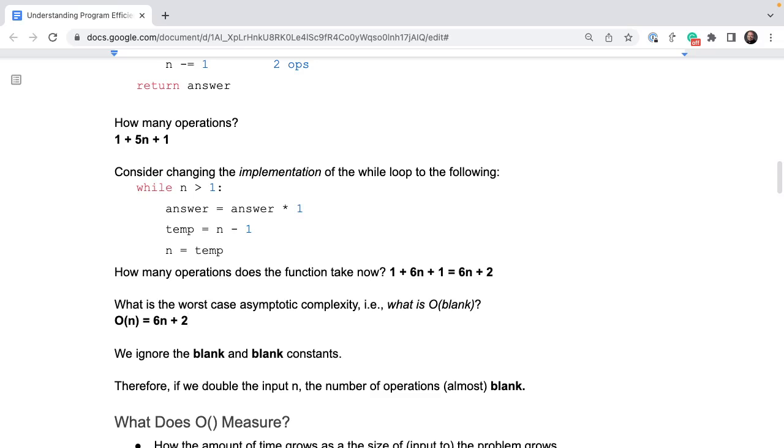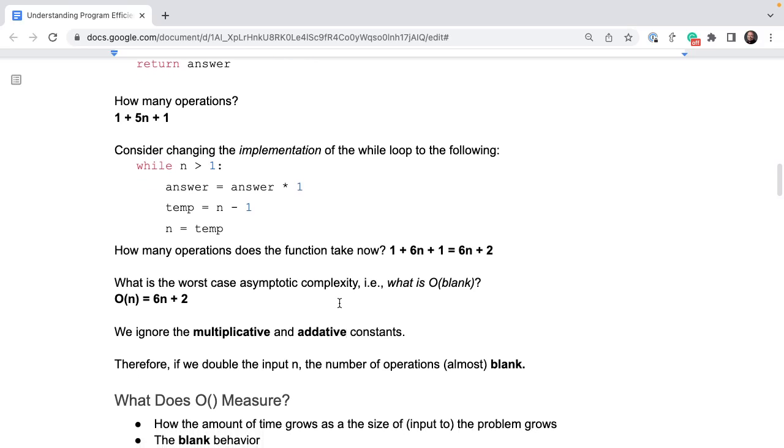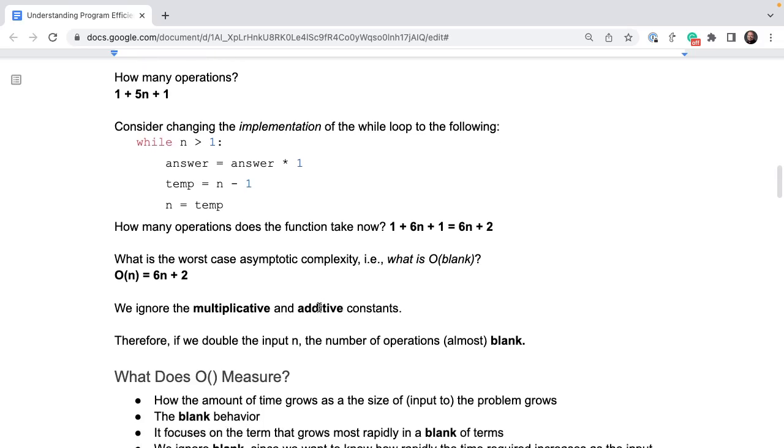So you could see what we are doing: we're ignoring the multiplicative and the additive constants. Additive, is that with an I? Yep, thanks Google. Because when n is so large, multiplying it by 6 isn't going to be that big of a deal. Neither is adding 2.